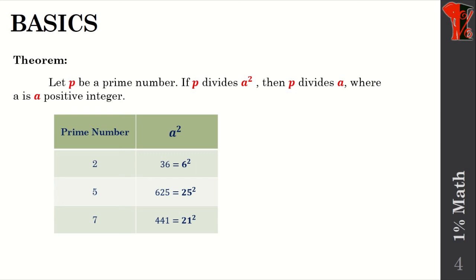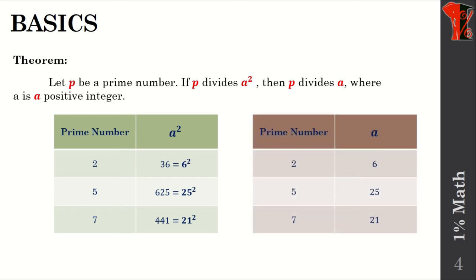What is that? If P divides A square. Correct? Here a prime number divides A square. For the second part of the sentence, the prime number remains the same. Instead of A square I am taking A. That means instead of 36 I am taking 6, instead of 625 I am taking 25, and instead of 441 I am taking 21.